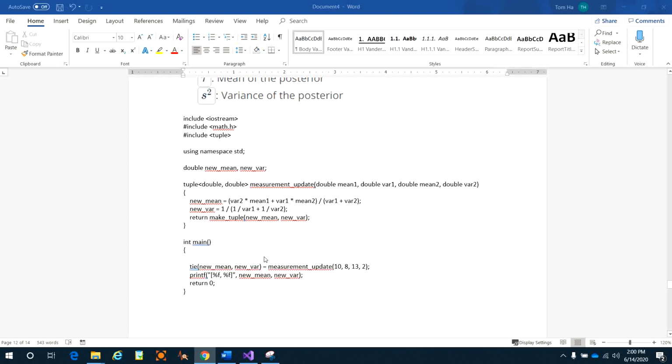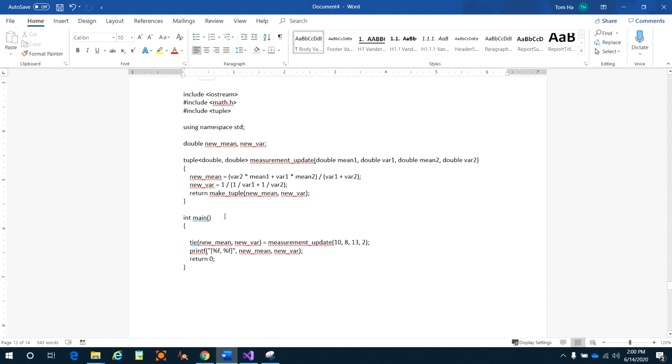We can write some small code in C++ to get that value. I think it's really basic, you already know it, and I don't want to talk so much about it. You remember we include a tuple. A tuple is something that lets you return two values at the same time. It helps you in this code.